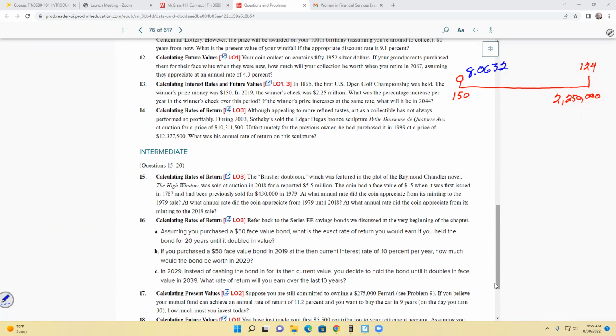8.0632. Then it says, well, what if we keep that same appreciation rate and we go from $2,250,000, right? And we go from 2019 to 2044, so what's that, 25 years? 8.0632.